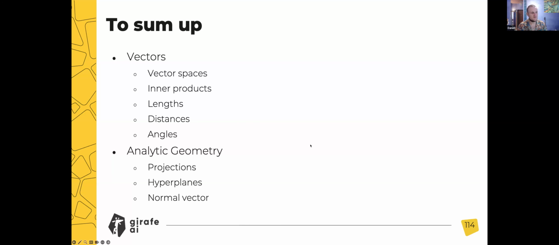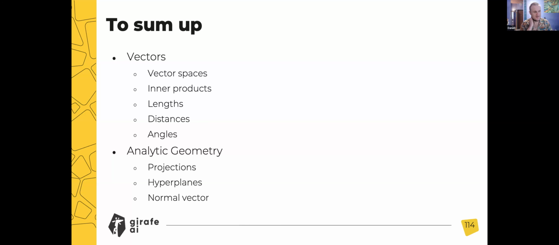We introduced hyperplanes, which are like normal planes, but in any number of dimensions. And we said that the most compact and elegant way to introduce hyperplanes is to use normal equations for hyperplanes, and in that way we need to define a normal vector.